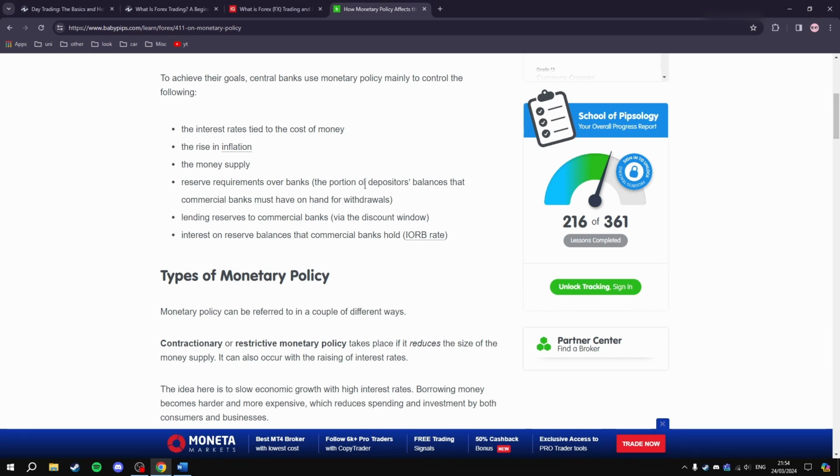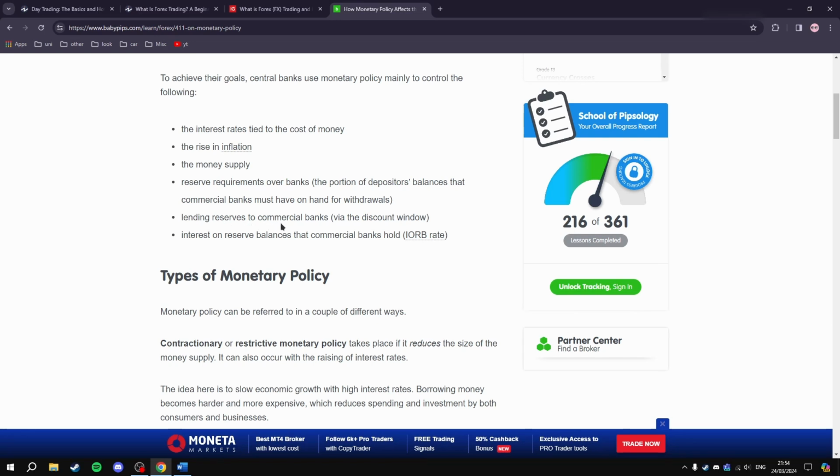So how much of the depositors' money the commercial banks must always have in them, available for the customers to withdraw.